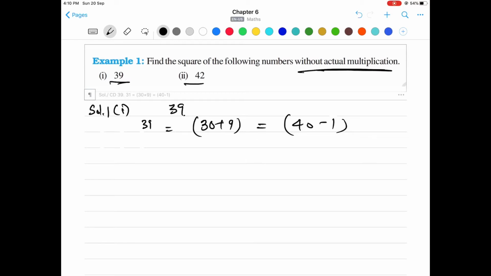So we are asked to find the square of these numbers, so we'll put the whole square on both sides. You can use either this one or this one. So we are using 30 plus 9.